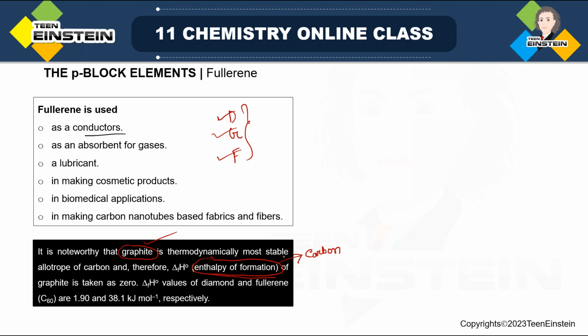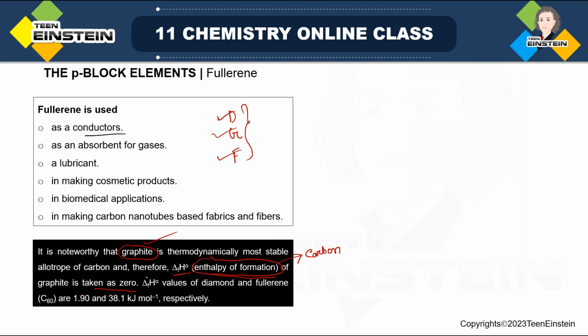The answer is graphite. Enthalpy of formation, which is denoted like this, is considered 0 for graphite, because for any element the enthalpy of formation is 0. Among all these forms of carbon, only for graphite is this ΔHf° value considered 0.